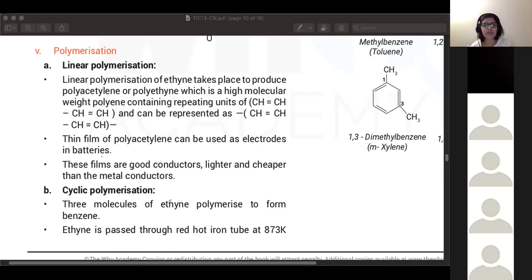Then cyclic polymerization. So if you have single ethyne molecules, one bond from the triple bond breaks, and if they are getting attached to each other in a ring structure in a cyclic way, what do you eventually end up with?